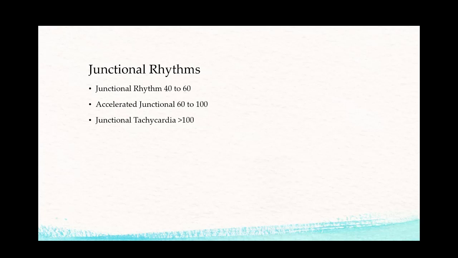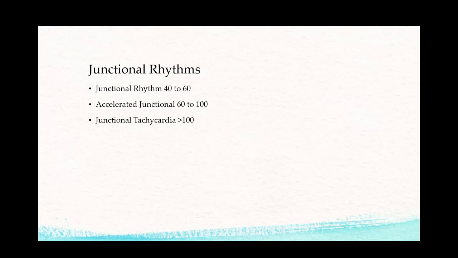So a junctional rhythm, the AV junction likes to beat at 40 to 60 beats a minute. If it's faster than that, it's called an accelerated junctional rhythm, and that's when the heart is trying to increase its cardiac output, and it will beat 60 to 100 times a minute.